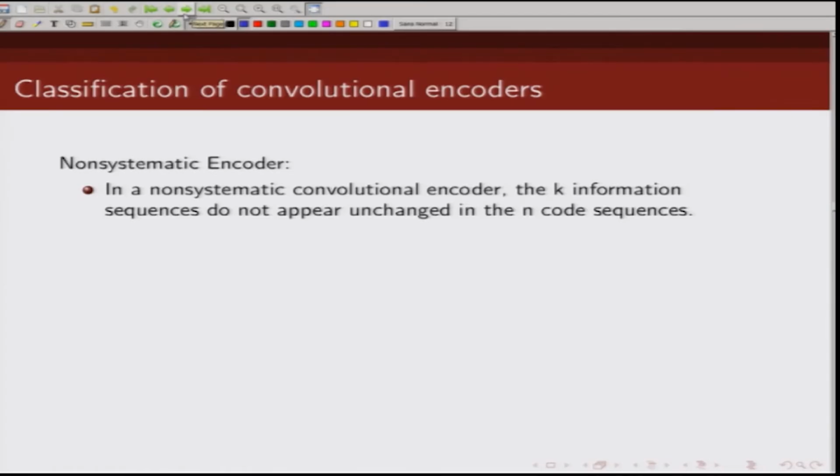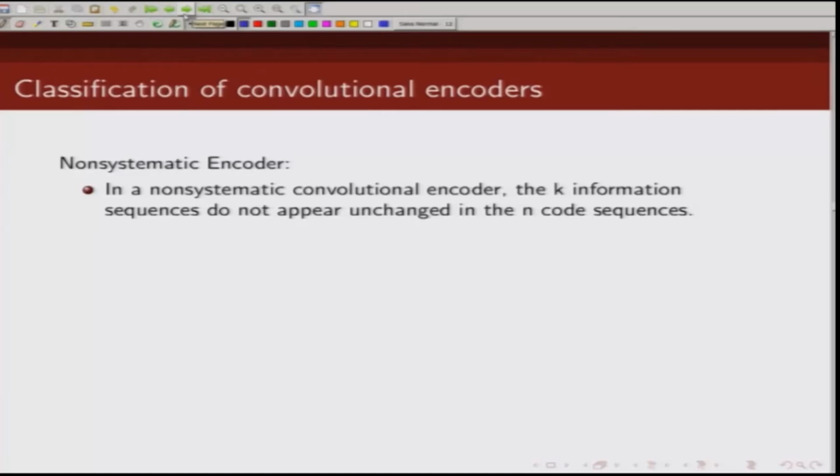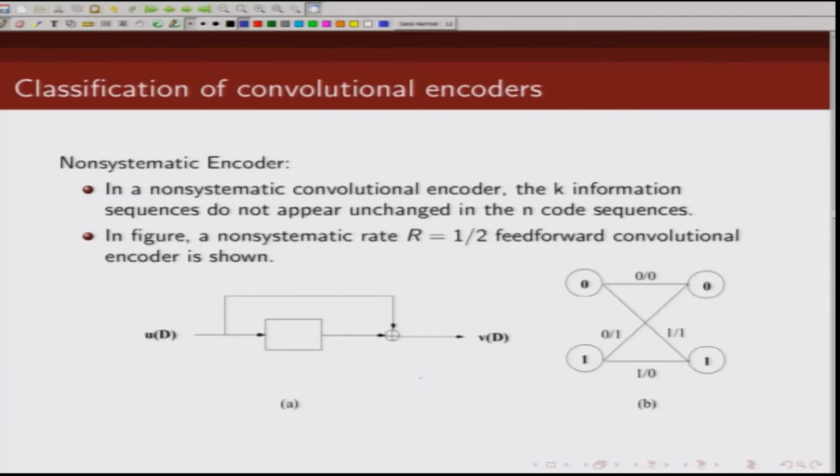As opposed to a systematic encoder, in a non-systematic encoder, we cannot separate out the k information bits from the n coded bits. This is actually a rate 1 code, just a typo, because there is one input and there is one output. This is a rate 1 feed forward encoder.